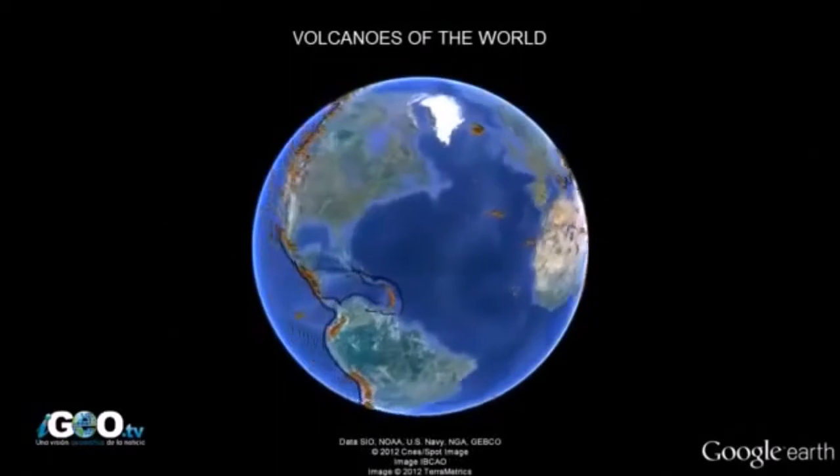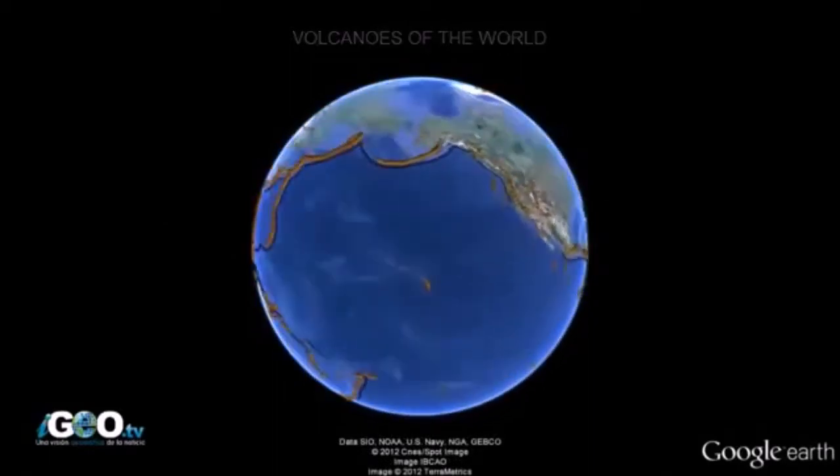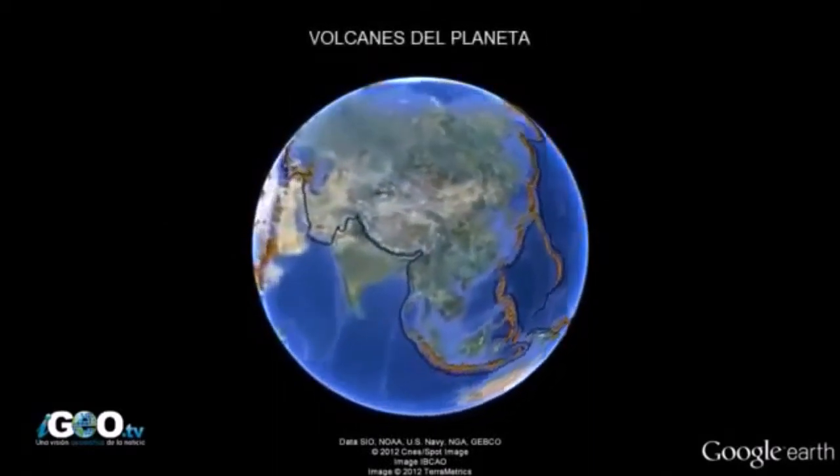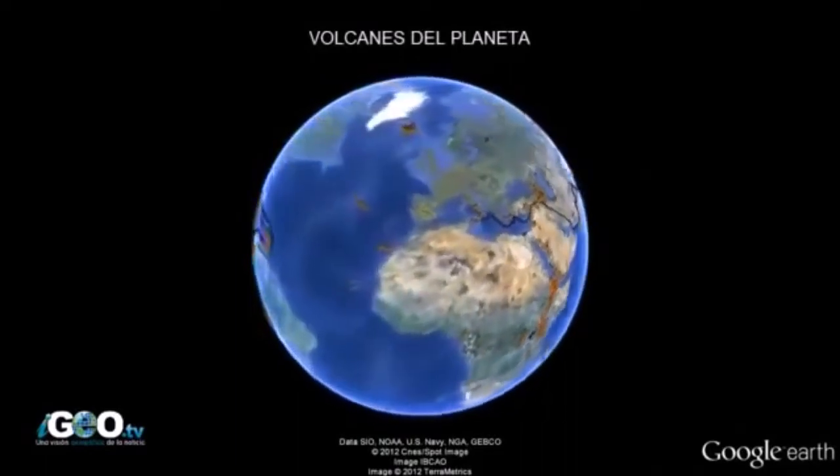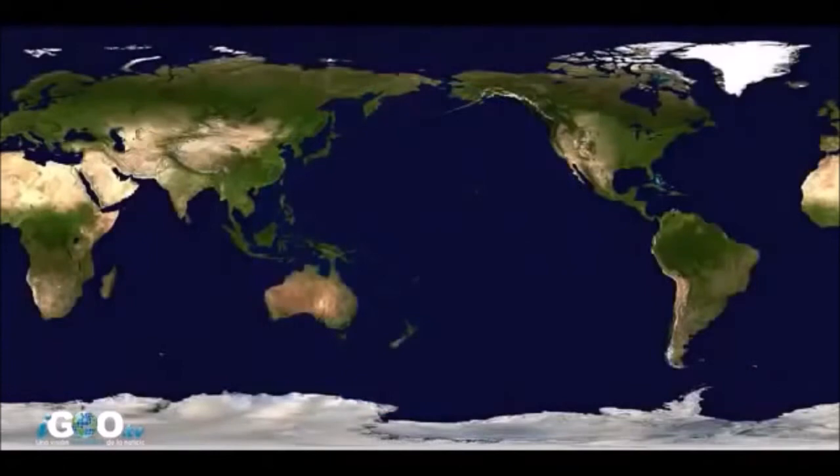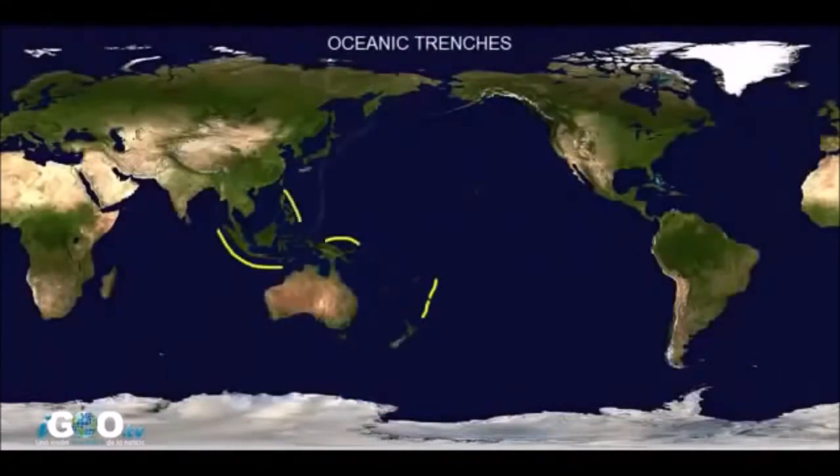The most important earthquake belt is the Circum-Pacific Belt, which affects many populated coastal regions around the Pacific Ocean, like New Zealand, New Guinea, Japan, the Aleutian Islands, Alaska, and the western coast of North and South America.